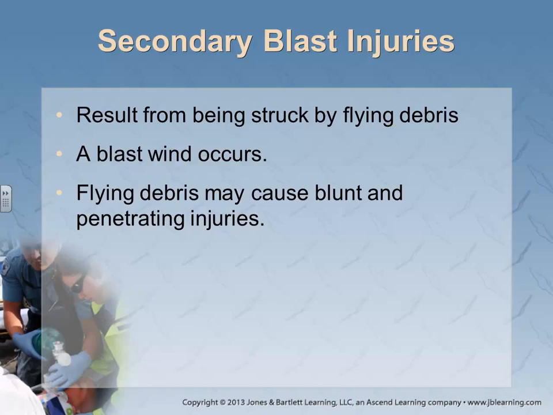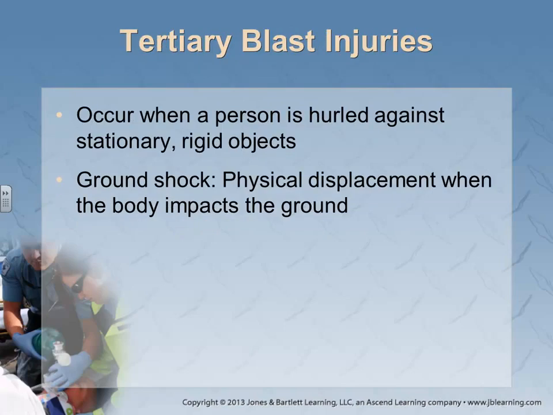All right. Then you've got your tertiary. So you've got your primary where you've got the pressure wave, then I've got all the shrapnel coming at me, and now I'm thrown back and I hit the ground or I hit the wall. That's my tertiary. Your ground shock is your displacement when the body impacts the ground.